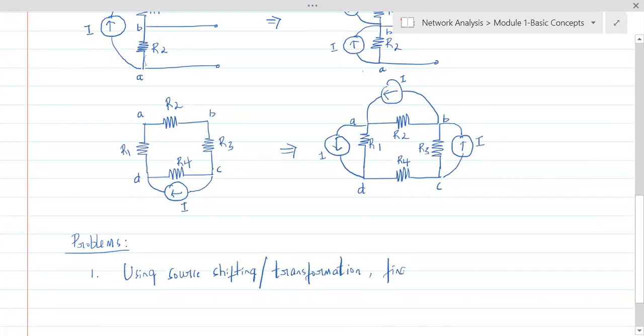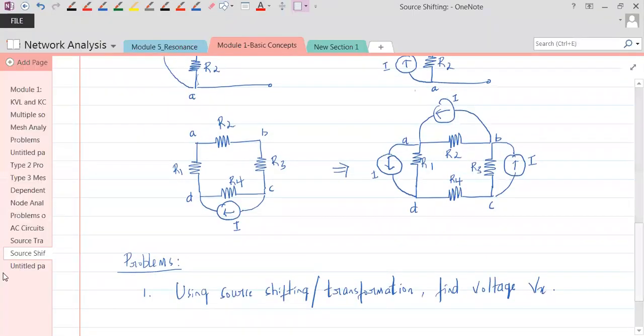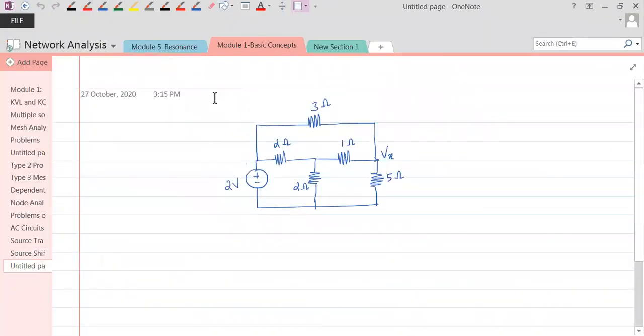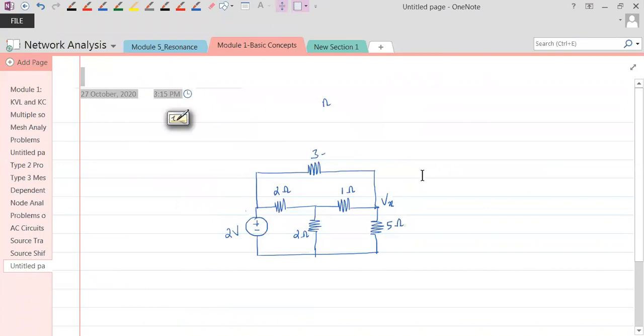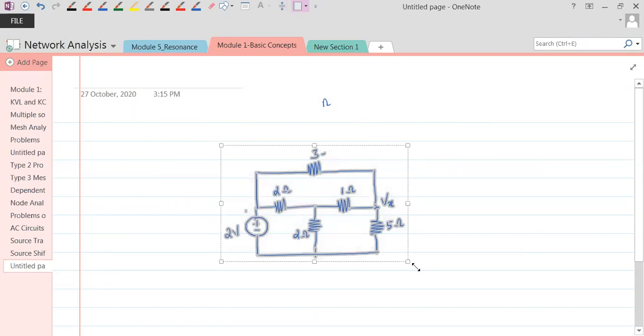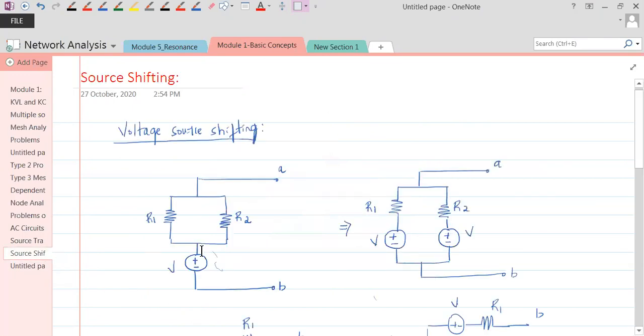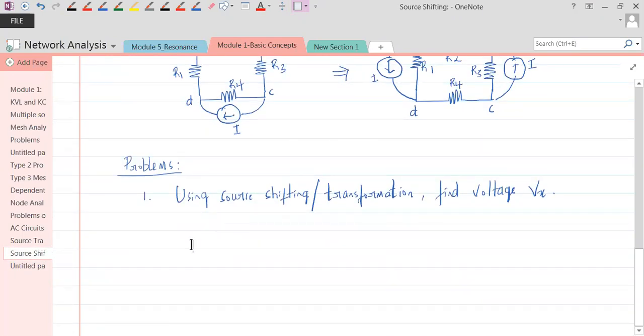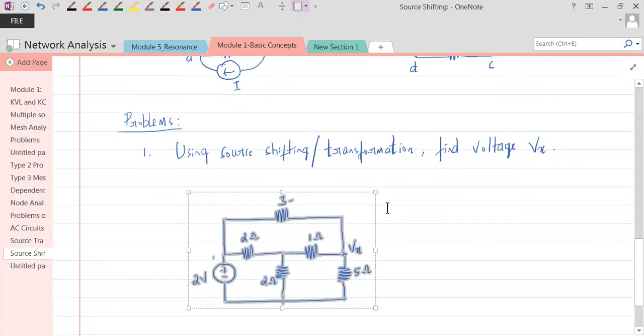Find voltage Vx. The circuit is here. This is the circuit.